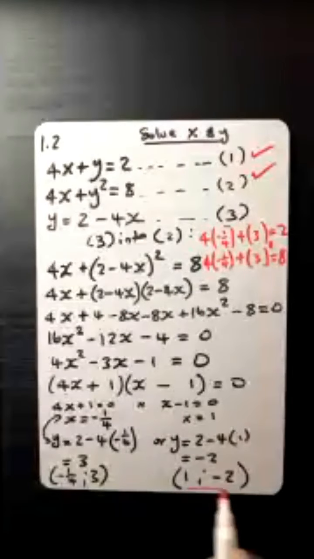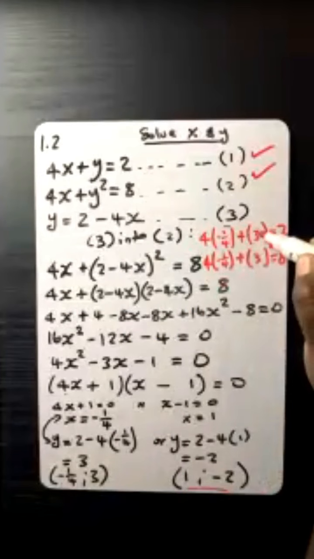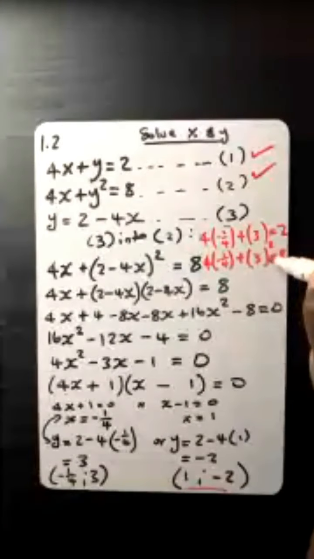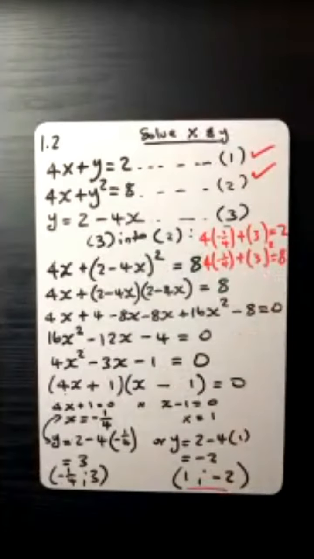You do the same using this value. Substitute 1 there, negative 2 there. Then expect to get 2 when you punch that, and expect to get 8 for the other. If you do not get those, ladies and gentlemen, it means somewhere you made a mistake. So this is where it gets frustrating. Imagine if you're in an exam, you're left with 5 minutes and you don't get those answers.